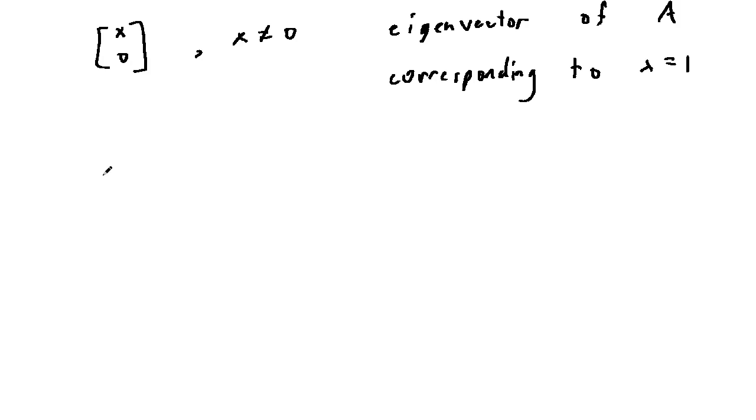These vectors are special and are the eigenvectors of A. For a fixed eigenvalue lambda, the set of all vectors v that satisfy this forms a subspace and is called the eigenspace of lambda.